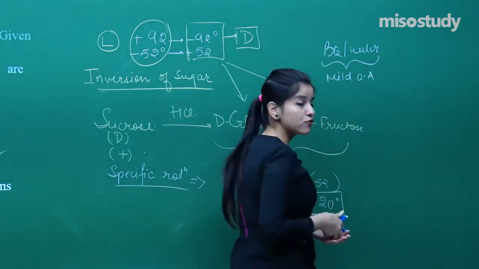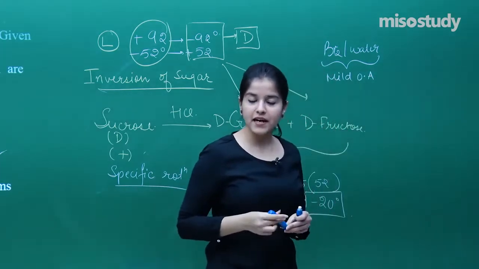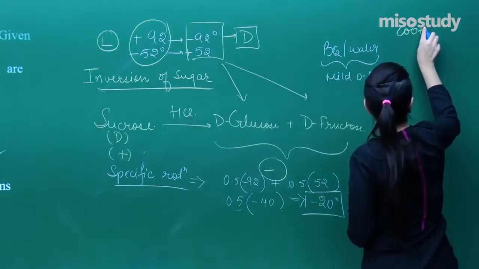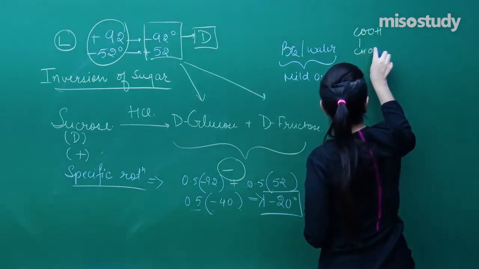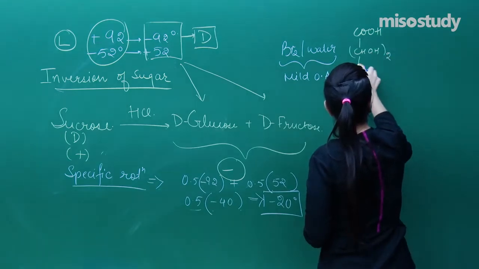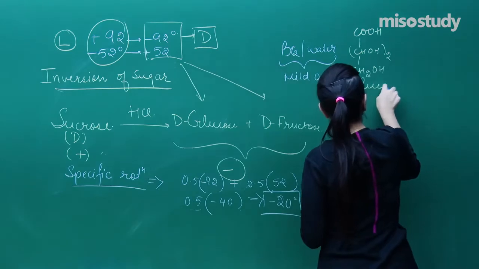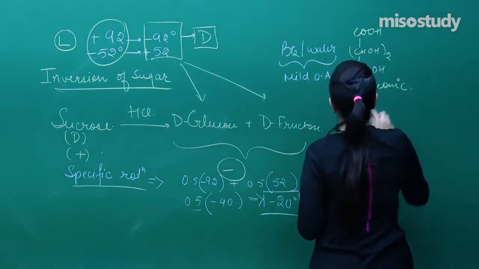That means it converts not into saccharic acid but into gluconic acid. That is gluconic acid. So we get gluconic acid and not saccharic acid.